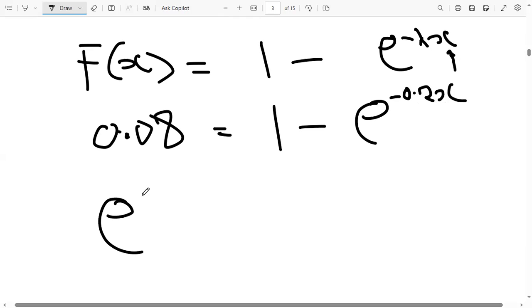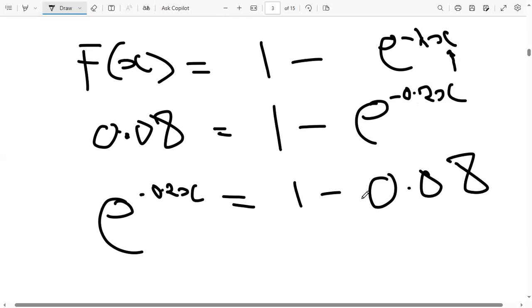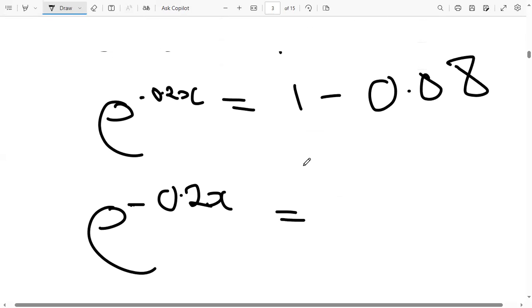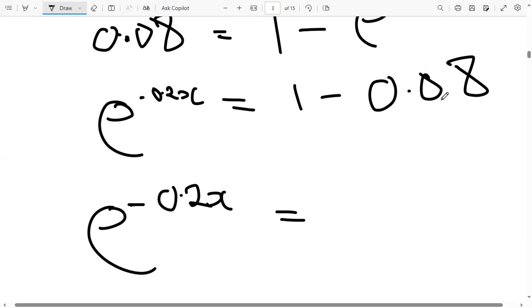So it will be e to the power minus 0.2x is equal to 1 minus 0.08. So e to the power minus 0.2x is equal to, 1 minus 0.08, you're going to get 0.92.